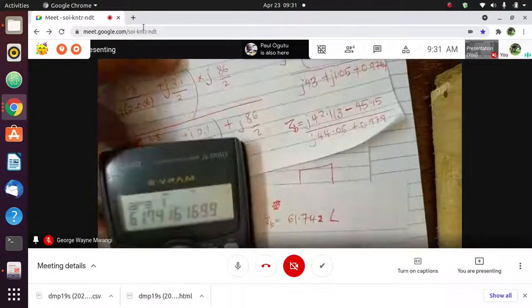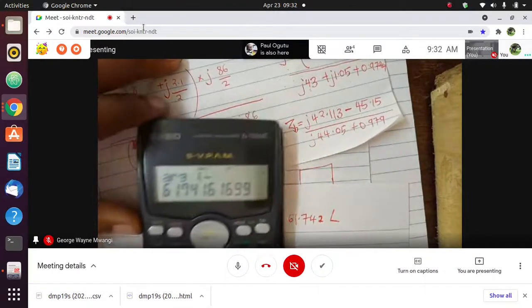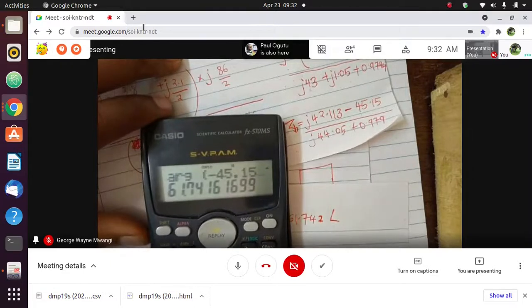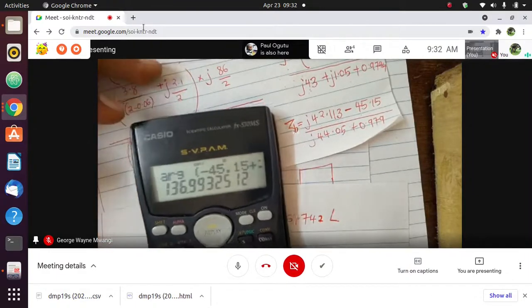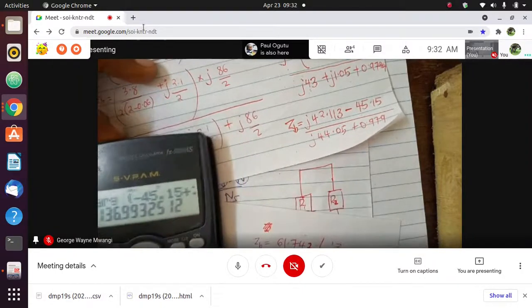We input the values of the numerator. Minus 45.15 plus 42.113 I. That will give you the value of the angle, 137.99.